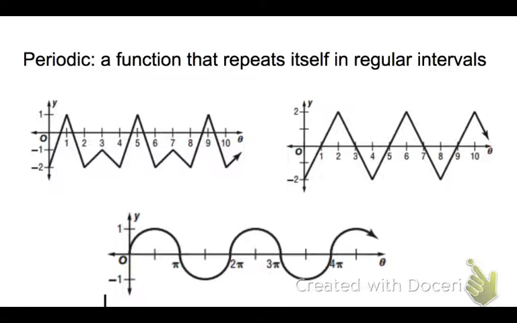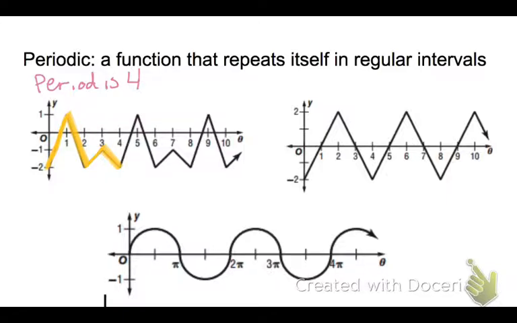They repeat themselves over and over. This first graph goes up, down, little up, little down, and then we start repeating over and over. So for this first graph, we would say that the period is 4. That is the length of one complete cycle, one interval before the function repeats itself.